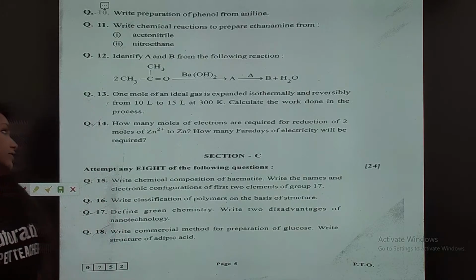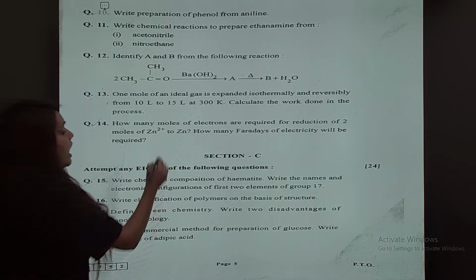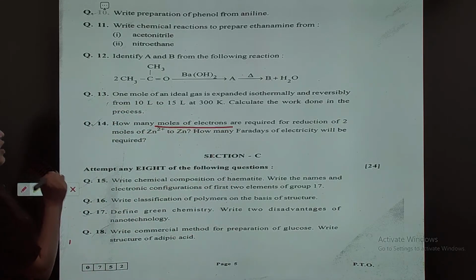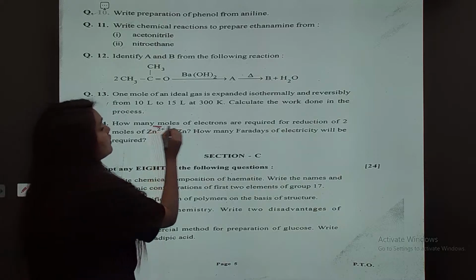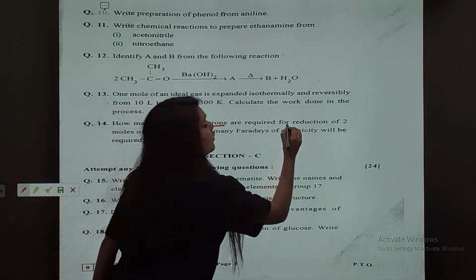Question number 14, everyone. How many moles of electrons are required for reduction of 2 moles of Zn2+ to Zn, and how many Faradays of electricity will be required here? The question is quite simple. The first thing they are asking is the number of moles of electrons, correct? And they have given us that reduction is taking place. What is reduction?